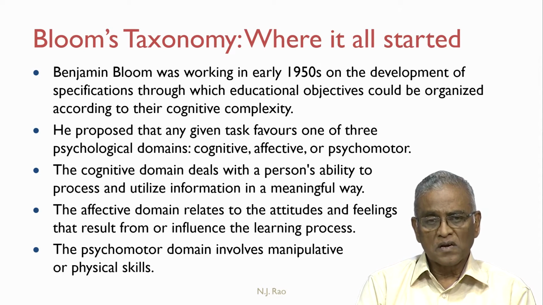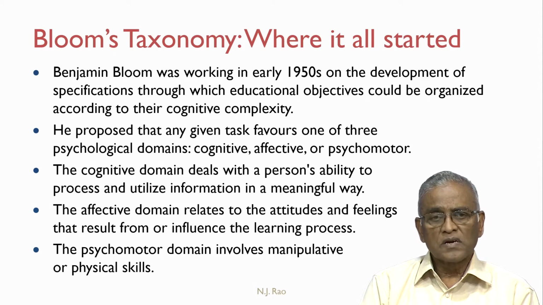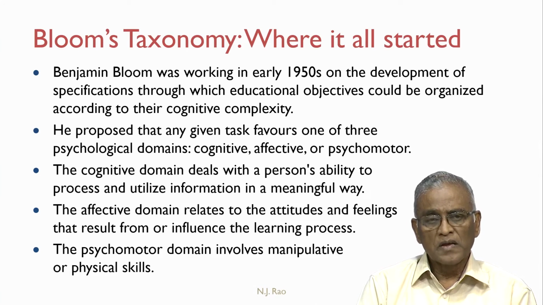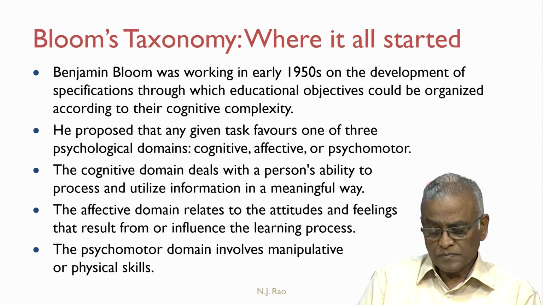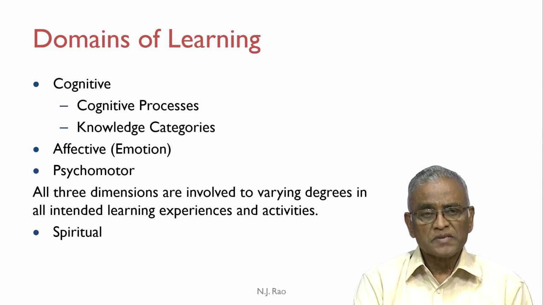One is the cognitive process, the second one is knowledge. You are performing some cognitive activity on some knowledge elements. That is what they identified, and they converted the cognitive domain into a two-dimensional one, namely cognitive level and knowledge categories.